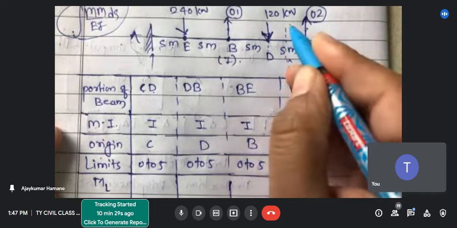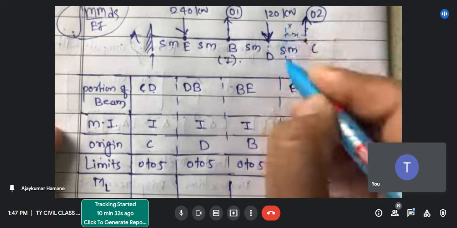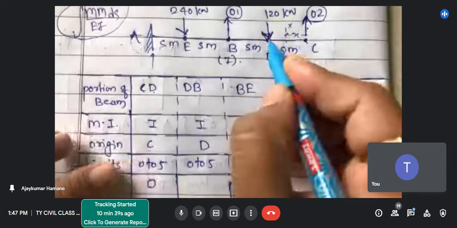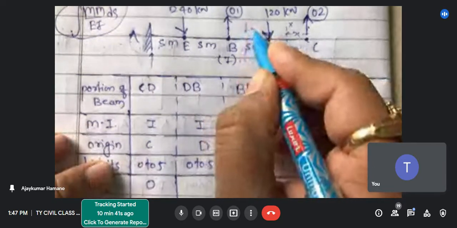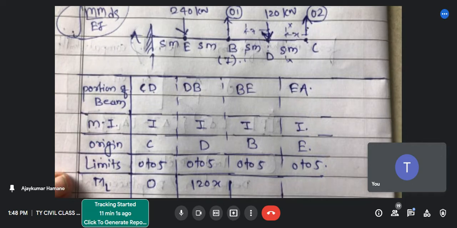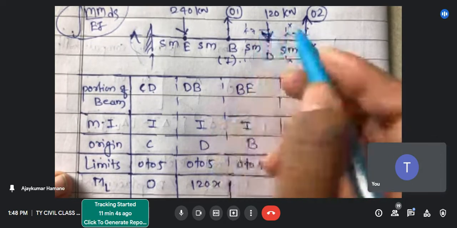If I take a section here, x, there is no external load on the CD, so the moment due to load is 0. Now next, D as origin. If I take a section here and this is x, what is the moment due to the load? 120 into x. Okay, assume clockwise positive. Now next, correct? There is no other load.